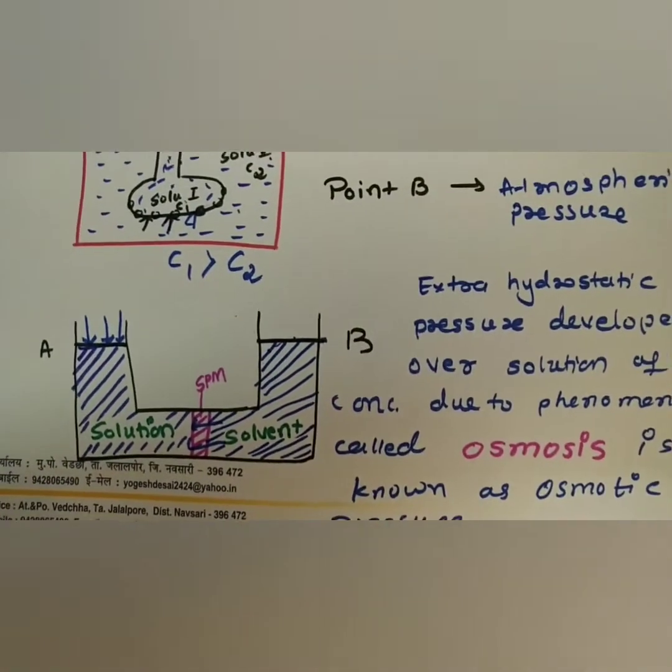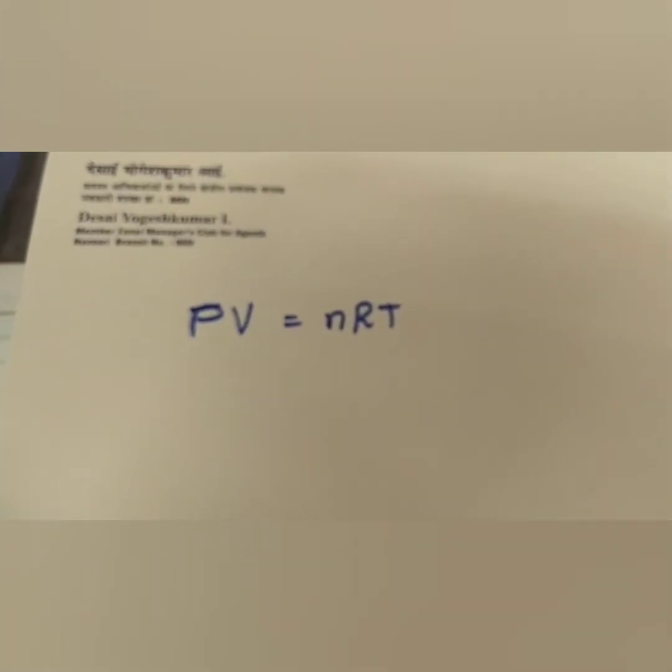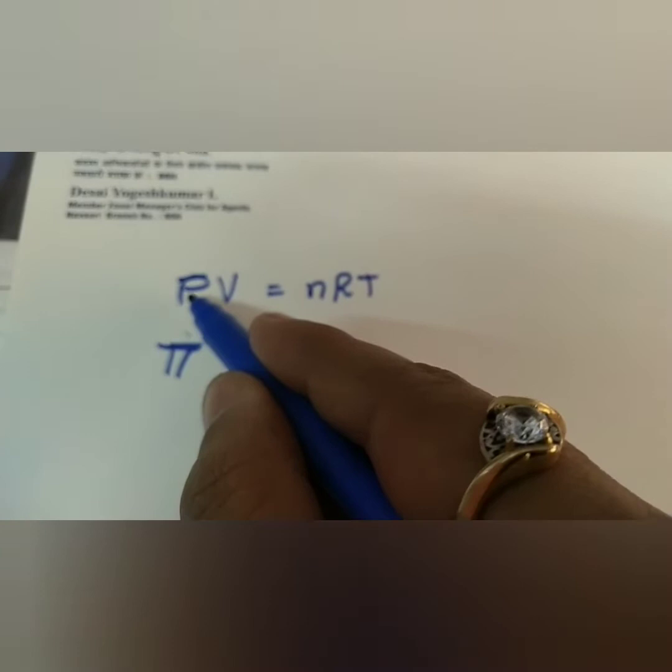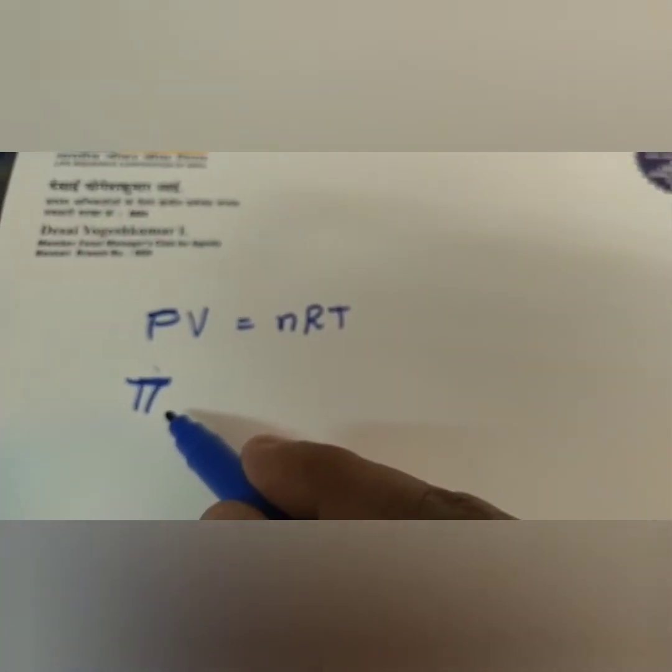Okay, now we will discuss the formula to find the osmotic pressure. You know the formula, that is PV is equal to nRT. In this formula, if we keep pi instead of P, P indicates the normal pressure, that is for gases, whereas this pi indicates what?